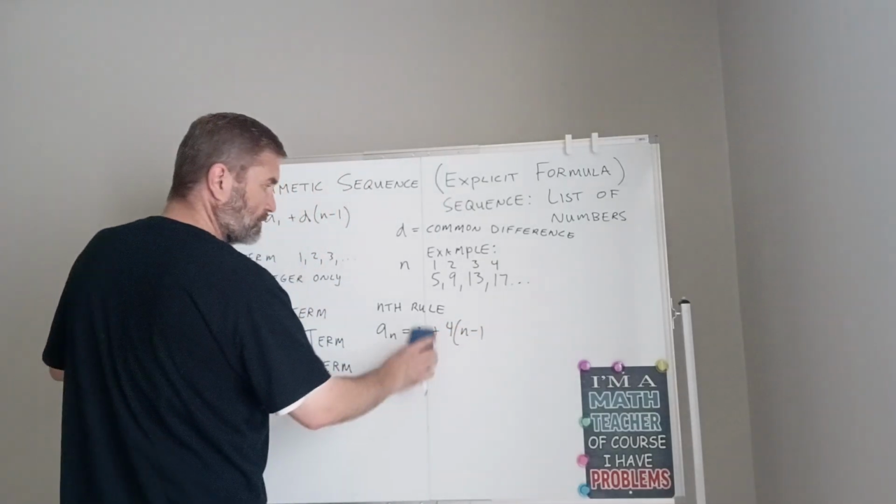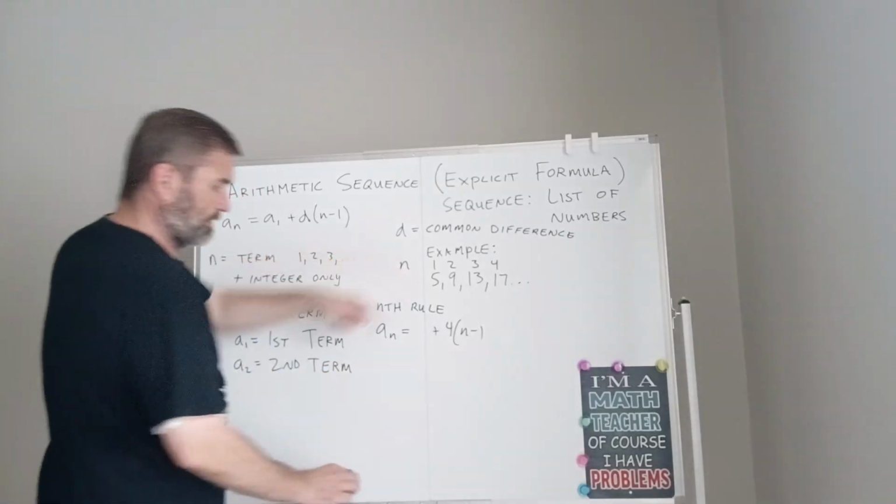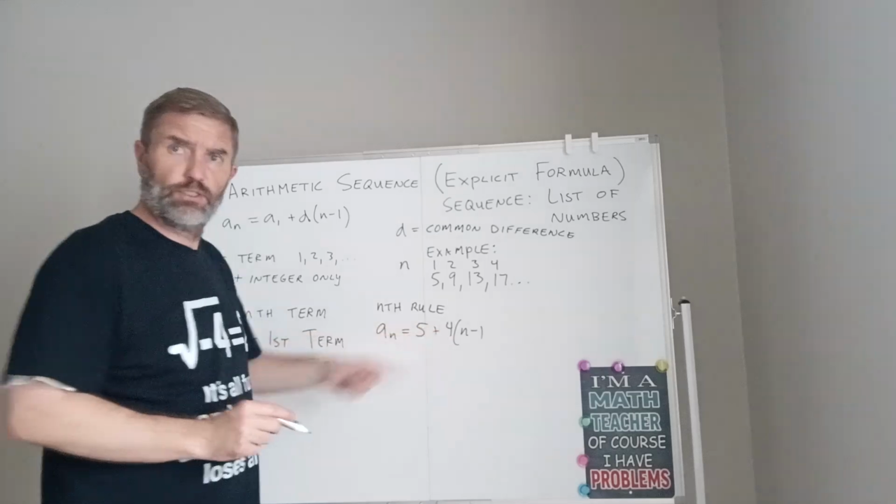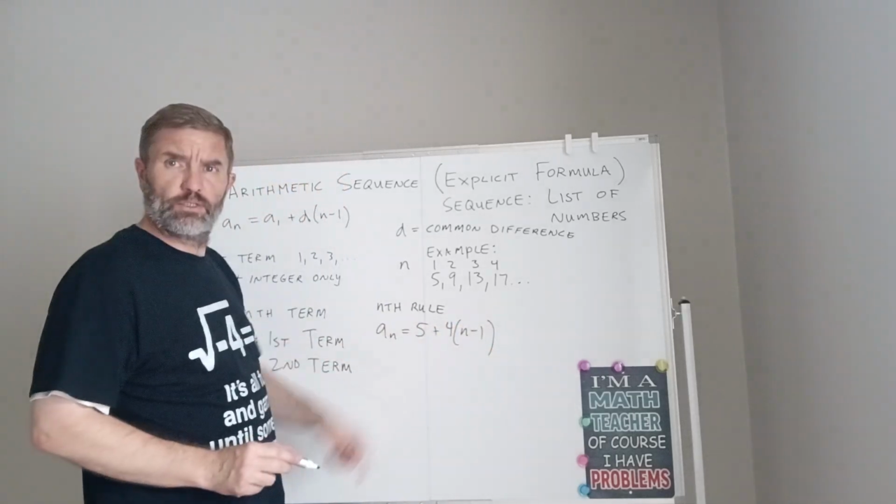In this case, our a sub 1 is what? We can replace that with 5. Of course, that will change if the sequence changes. d could change too, but the a sub n and the n minus 1 stay the same.